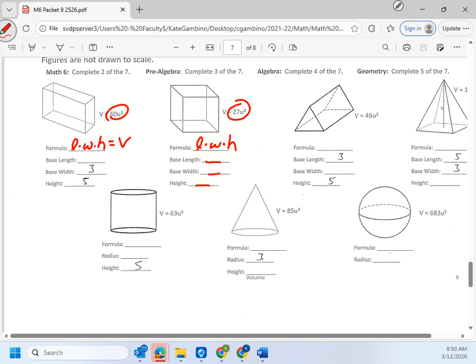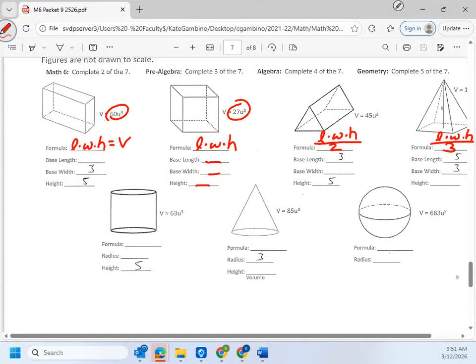I will write out our other formulas in case you want to challenge yourself to find some other ones. So the triangular prism is the length times the width times the height, and we divide it by 2. For a pyramid, it is a length times the width times the height divided by 3.